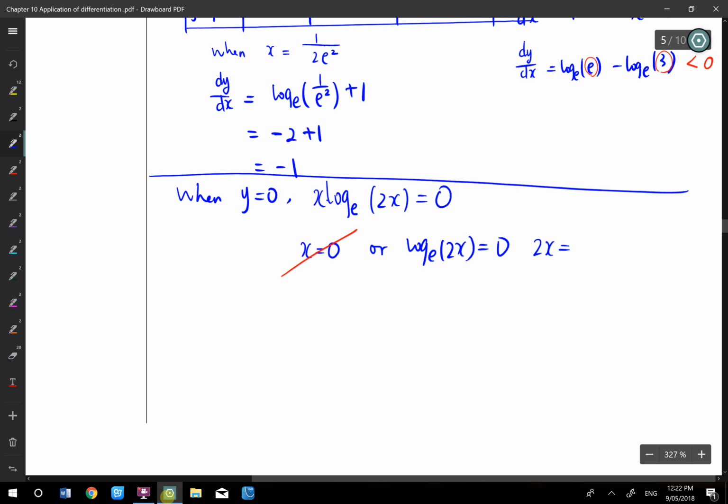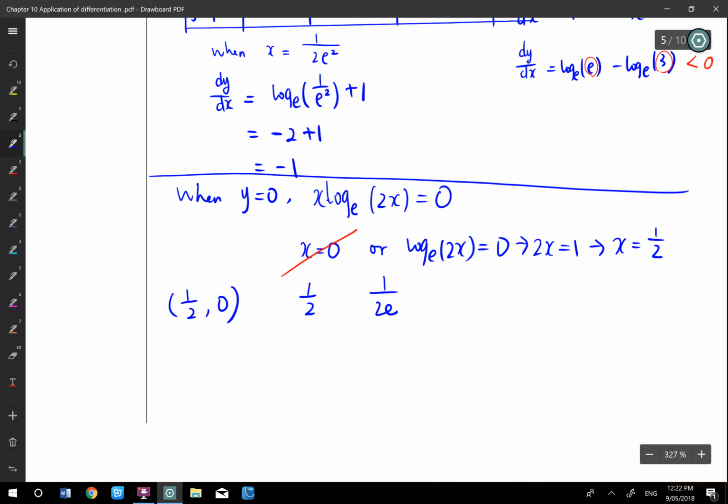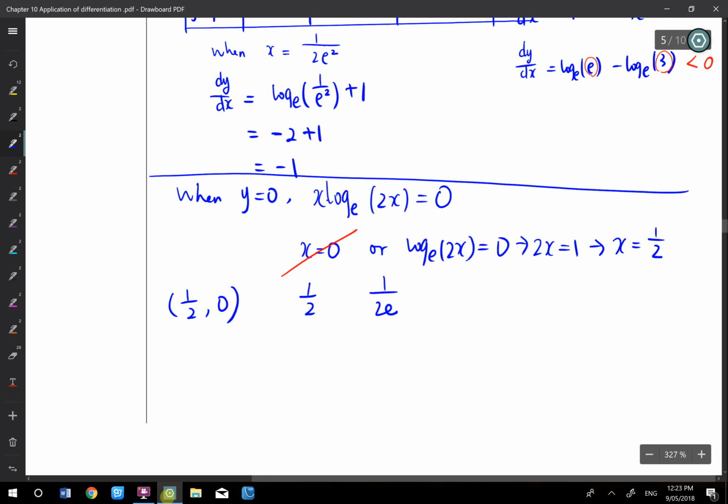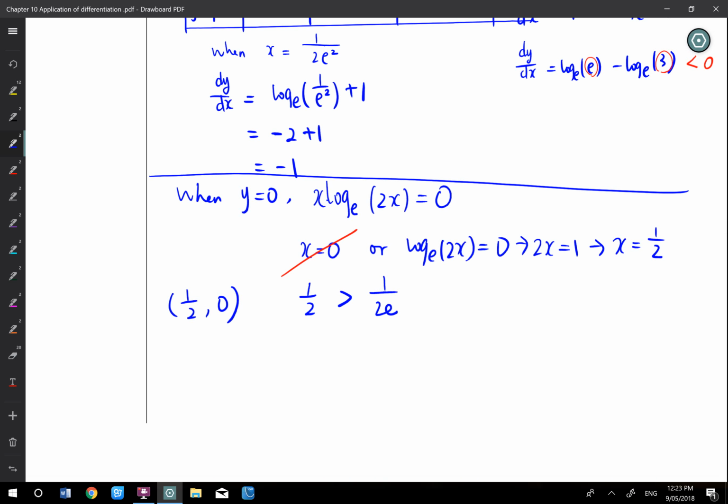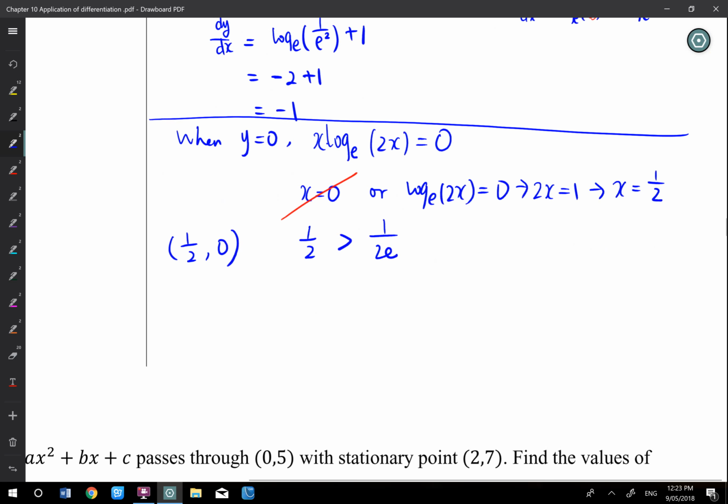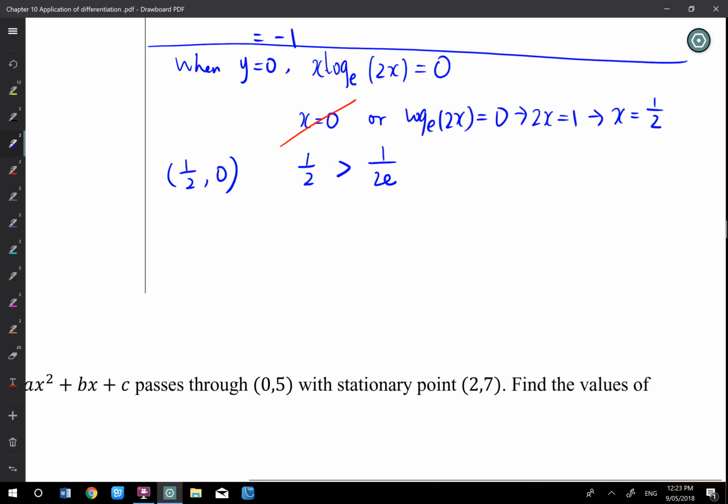So 2x equals 1, x is a half. So the x-intercept is (1/2, 0). Also a half and 1 over 2e: inequality sign, smaller or greater? Greater. Good. So we have the turning point first, and then we have the half. That's the x-intercept.